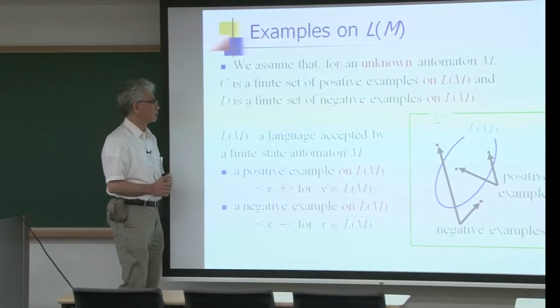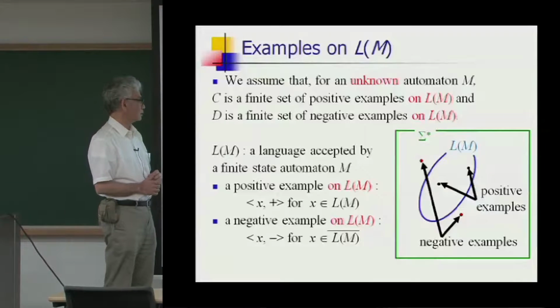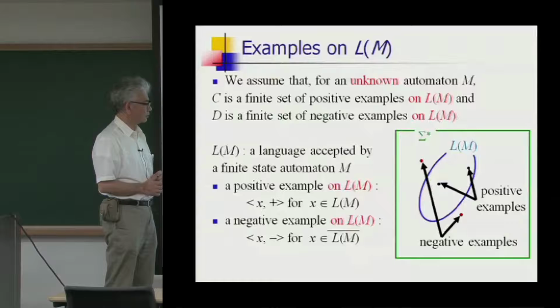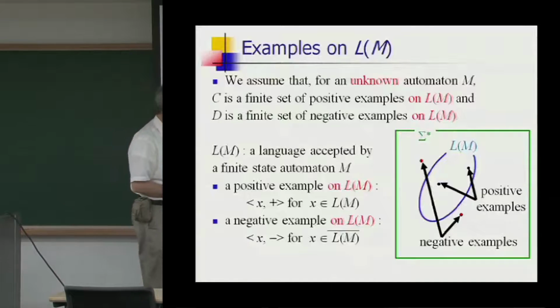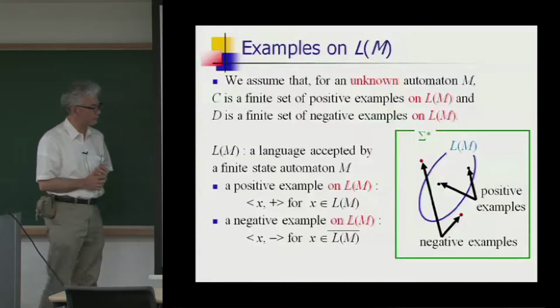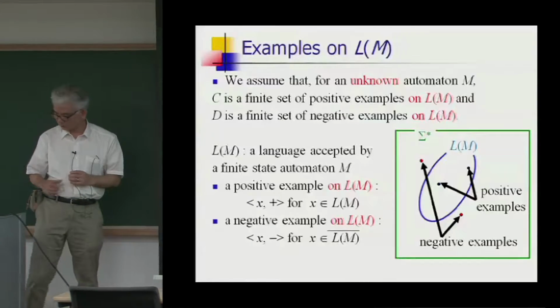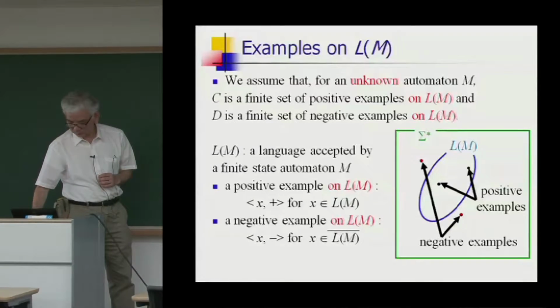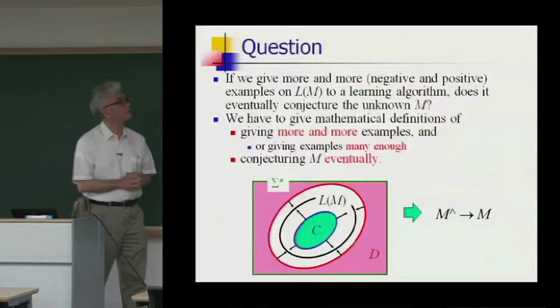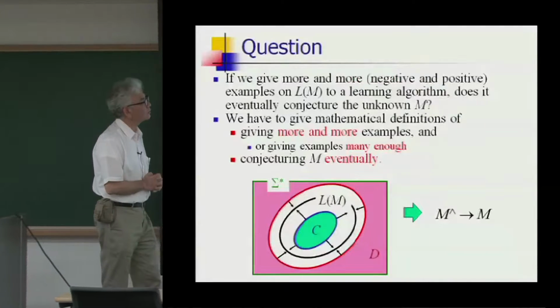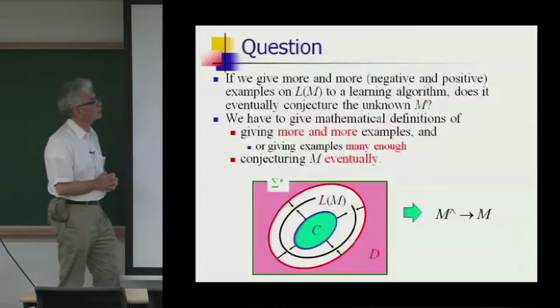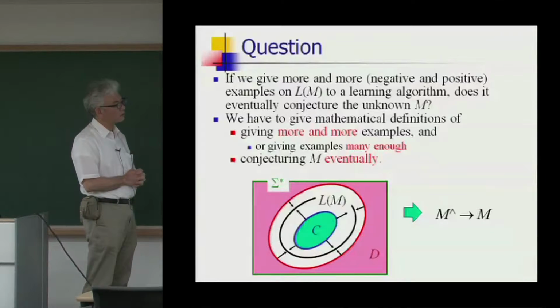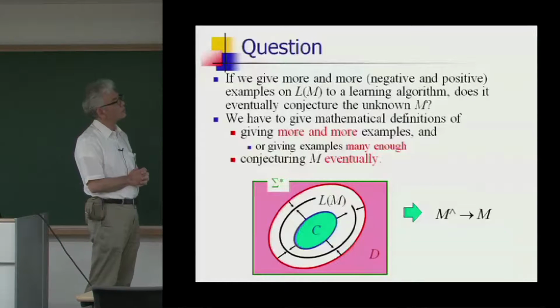In such a case, we assume that each example X is marked with plus or minus, with a polarity. Next we have to define two points.